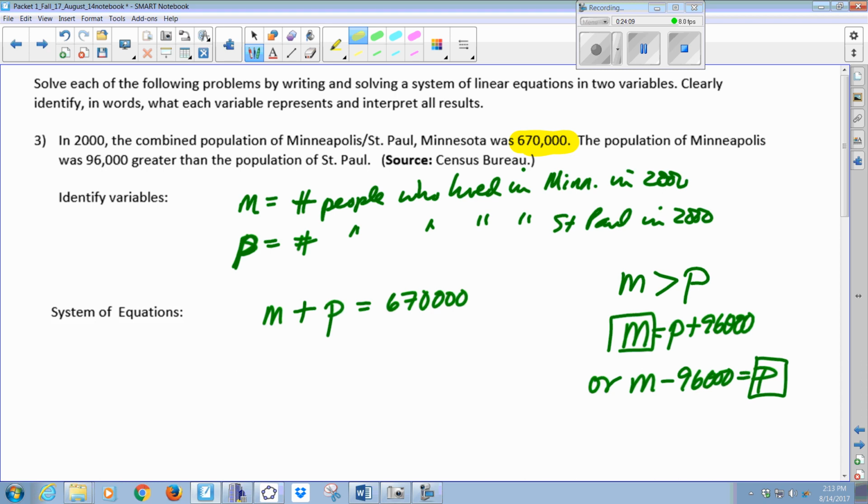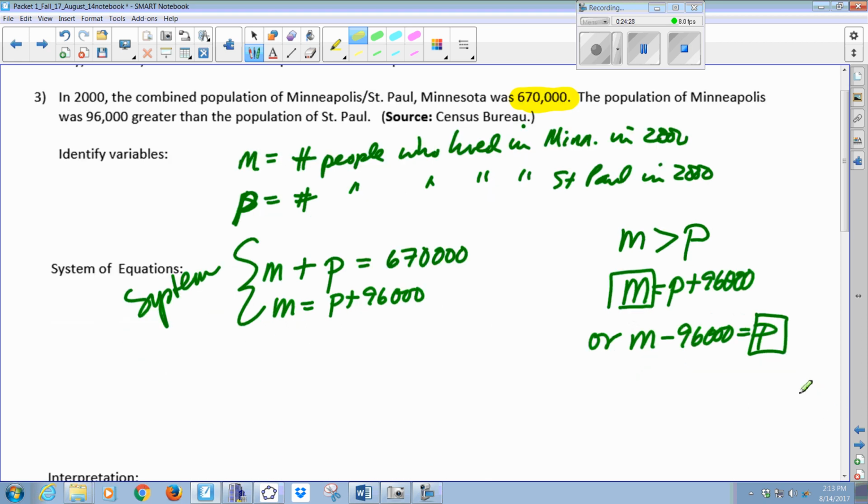It doesn't matter which of these equations you use. I think the tendency is always to try to keep a plus sign if you can, at least for me it is. So I'm going to say M equals P plus 96,000. So here's my system of linear equations in two variables, and this is perfectly set up for substitution.